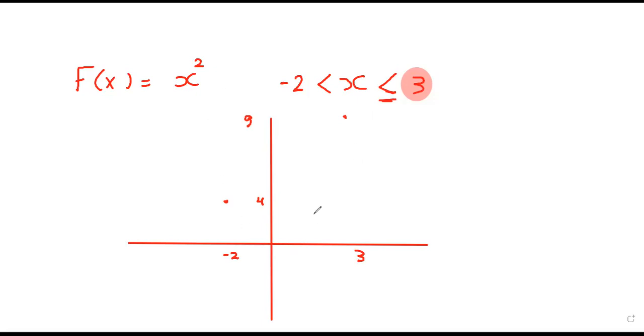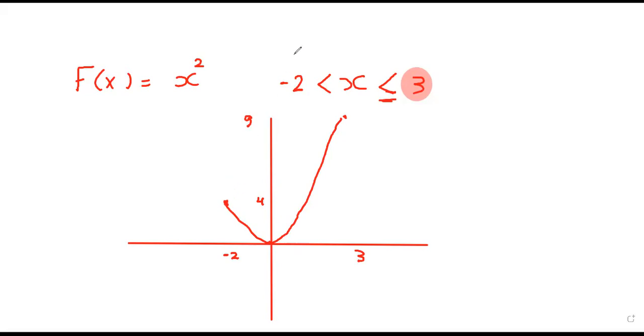and this curve is open upwards. So when trying to find any negative value less than 0, we get, for instance, -1, it's 1, and 0, 0. So this curve is decreasing till reaching 0. And after that, this curve is going up, is increasing till reaching 9.